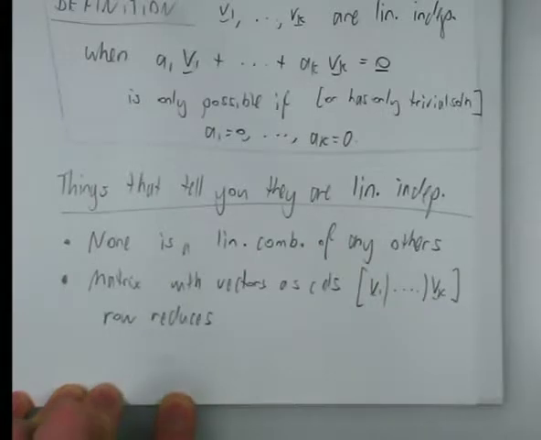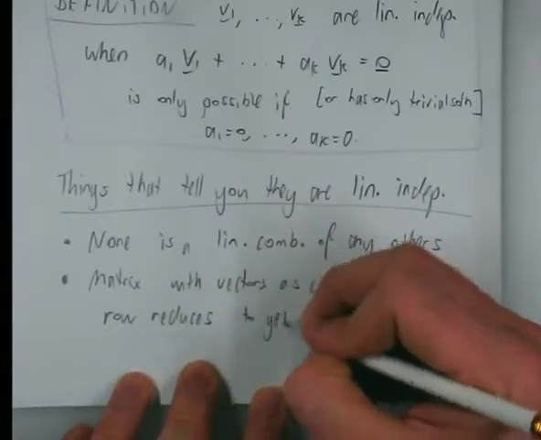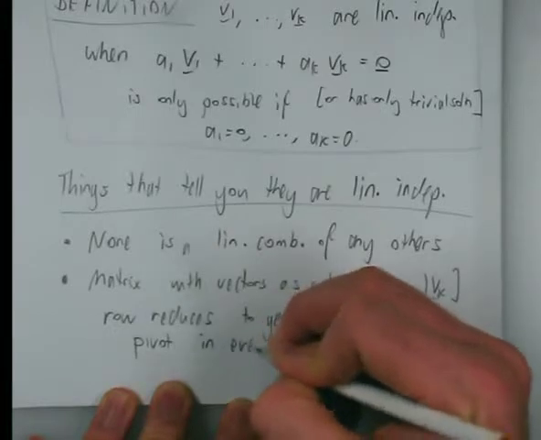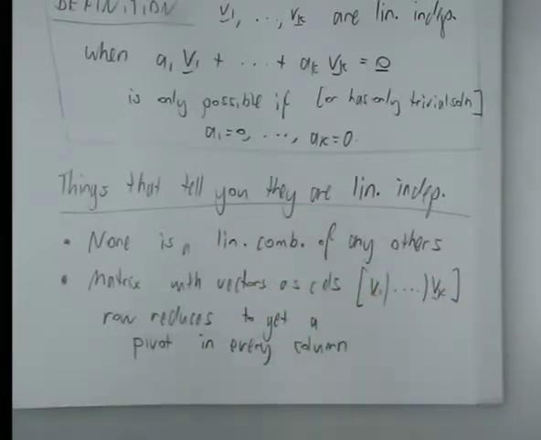It row reduces to give you a pivot in every column. Okay? So if there's a pivot, as in one of those leading ones, you don't have to go all the way to the reduced row echelon form.